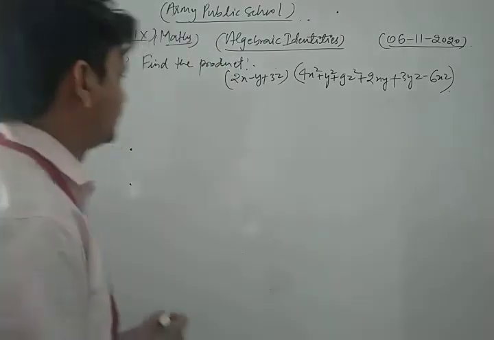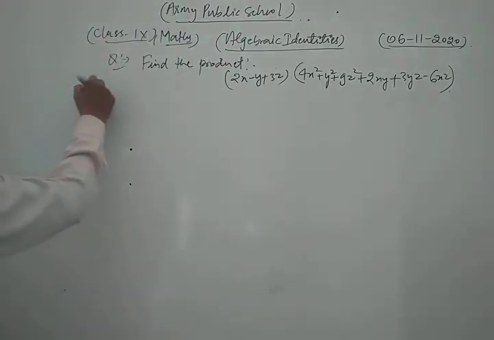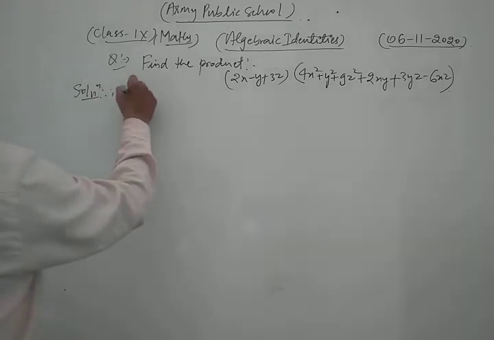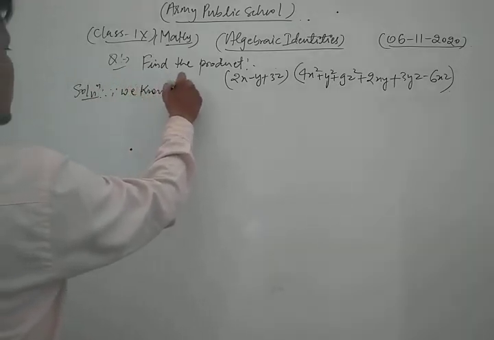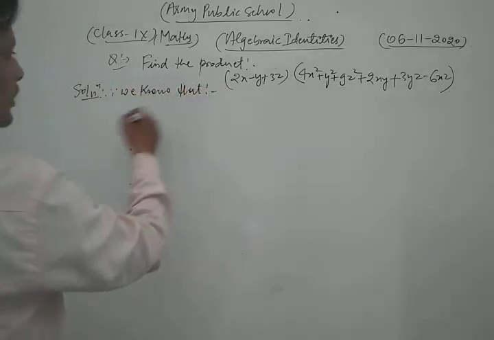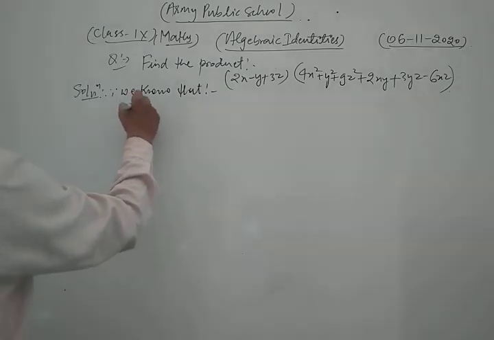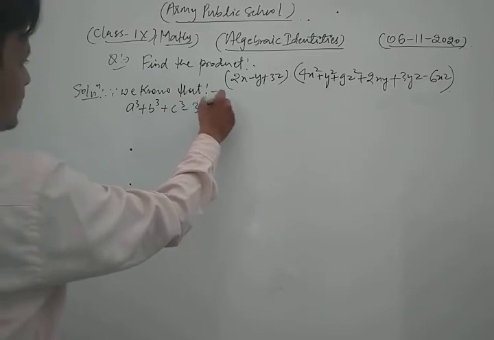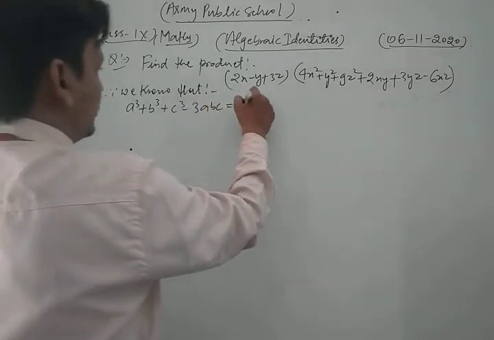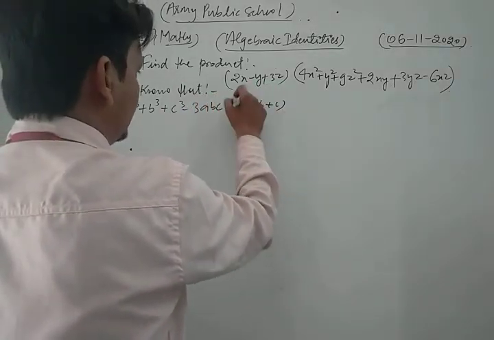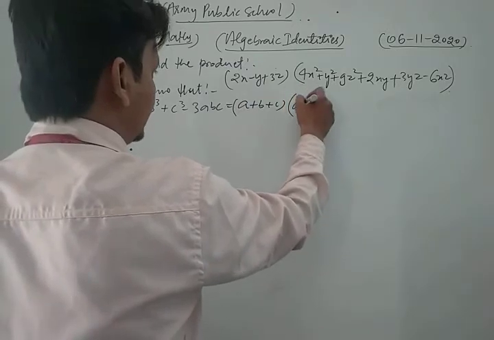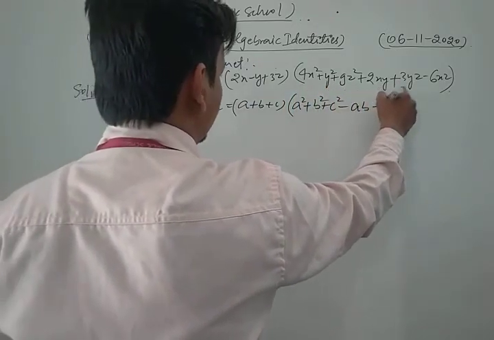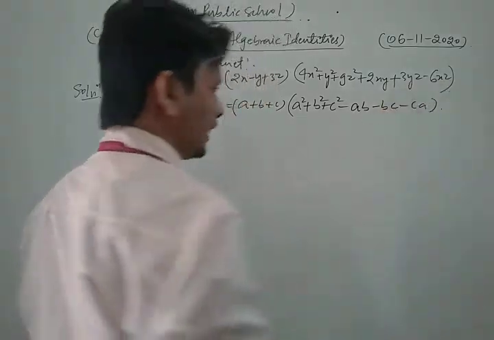Now let's see its solution. First of all you write, since we know that a cube plus b cube plus c cube minus 3abc is equal to a plus b plus c in one bracket, and in another bracket a square plus b square plus c square minus ab minus bc minus ca.